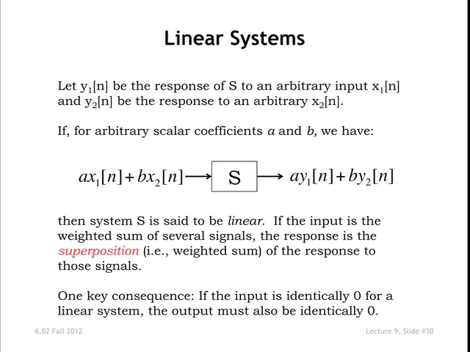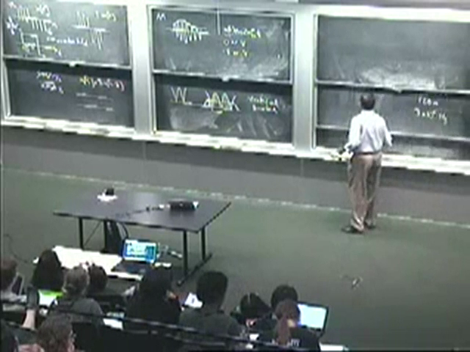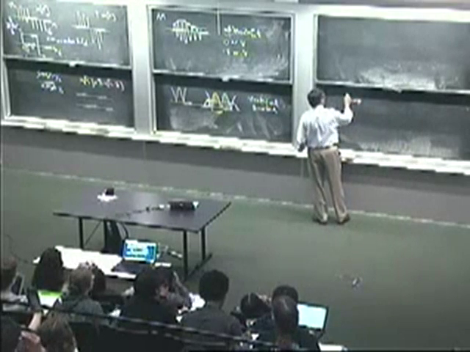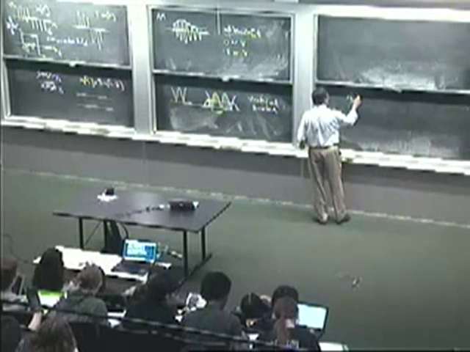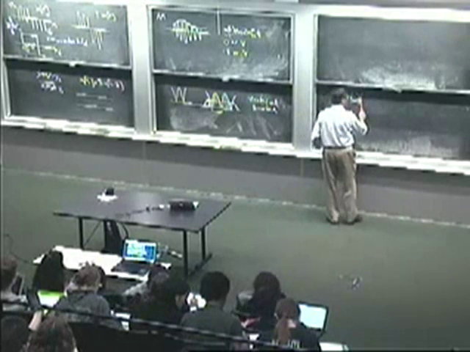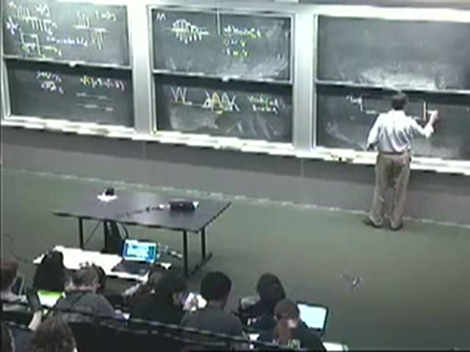Okay. So the systems that we are going to be focusing on will be linear and time invariant, okay, LTI. And so we're going to be thinking of end-to-end models of the channel from our digitized sequence x[n] all the way through the processing that happened in between.